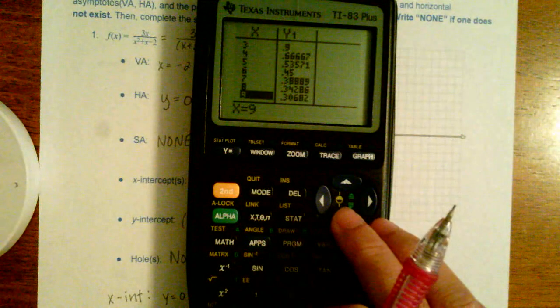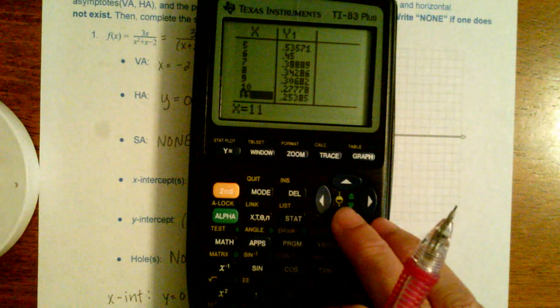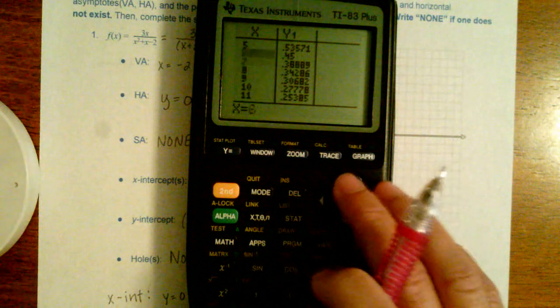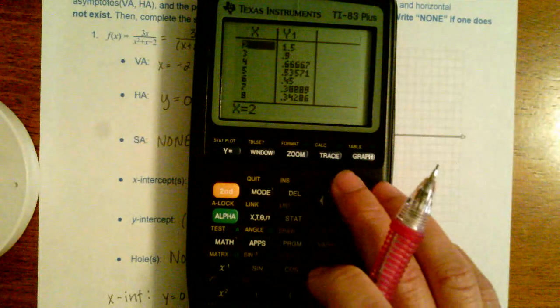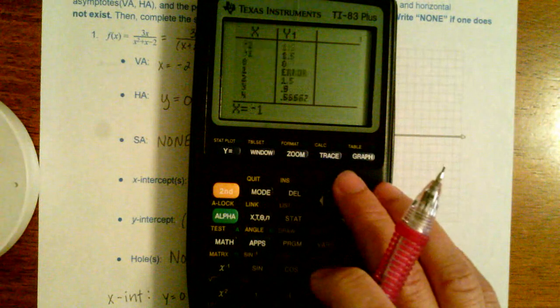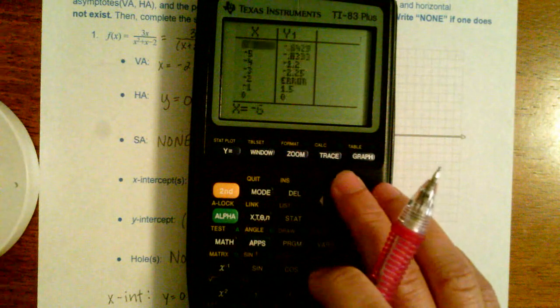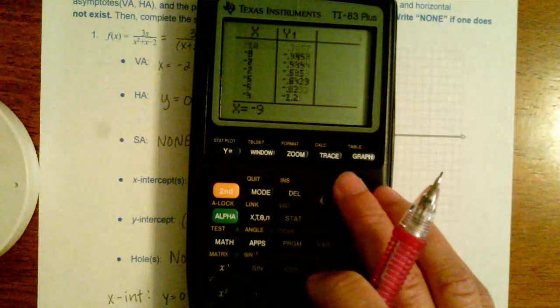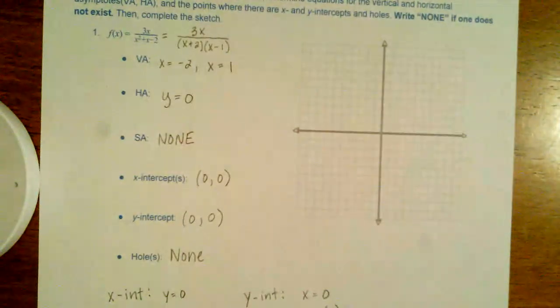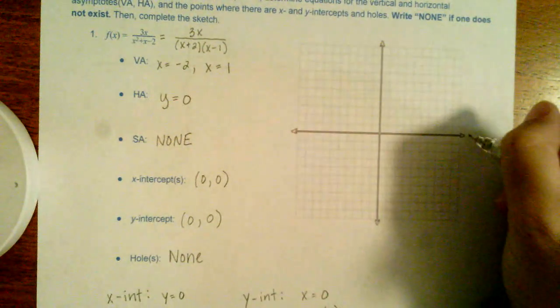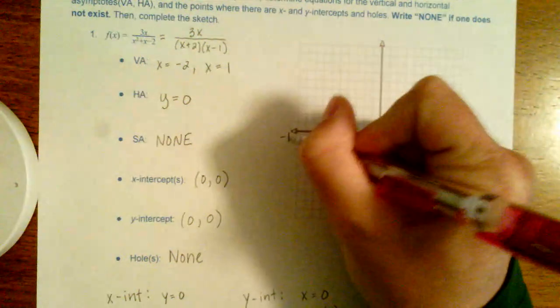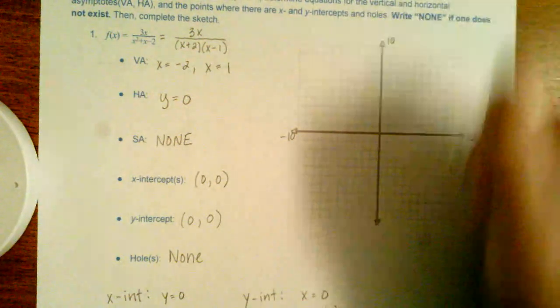So my largest value from -10 to 10 is actually 1.5, so it doesn't look like I need to change my scale. So I am going to keep my scale at 10 to negative 10 and 10 to negative 10.